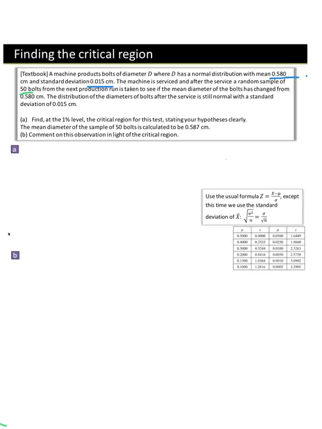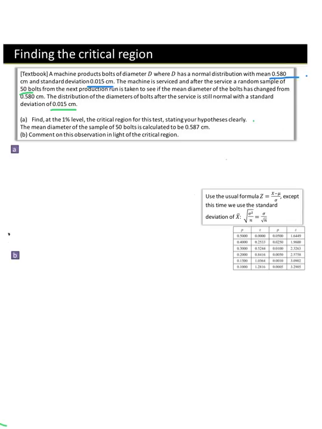The distribution of the diameters of the bolts after the service is still normal, with a standard deviation of 0.015 centimetres. So here in the first part of the question we're asked to find, at the 1% level, the critical region for the test, stating the hypotheses clearly.